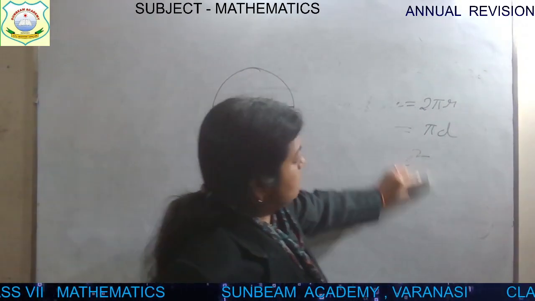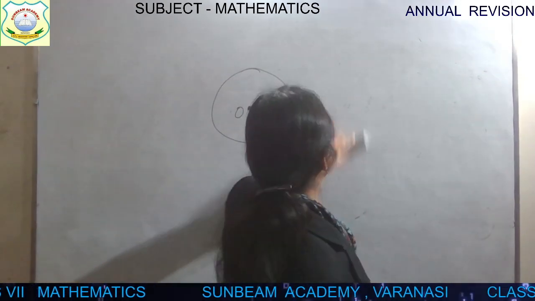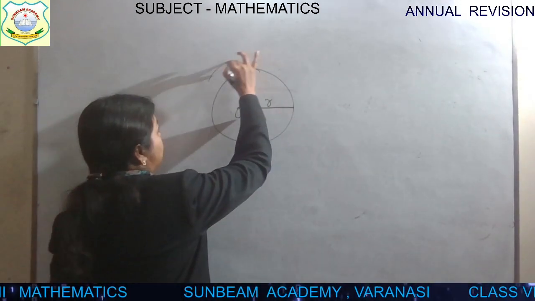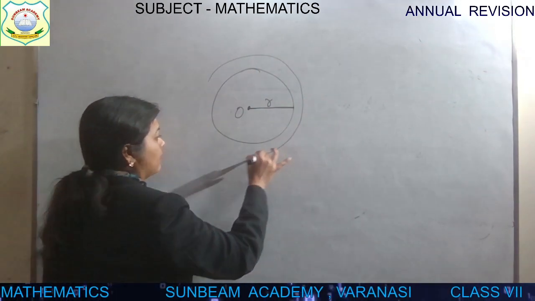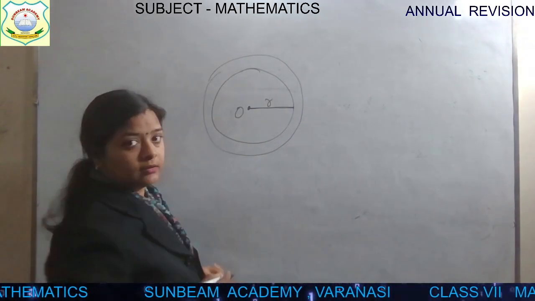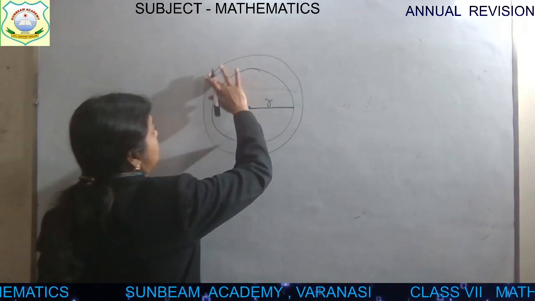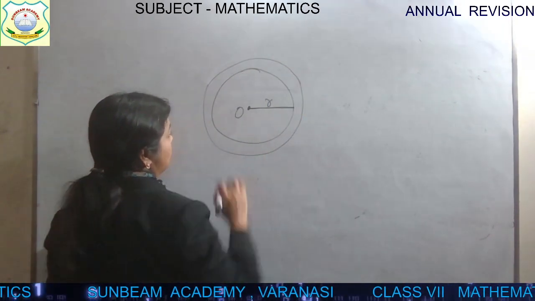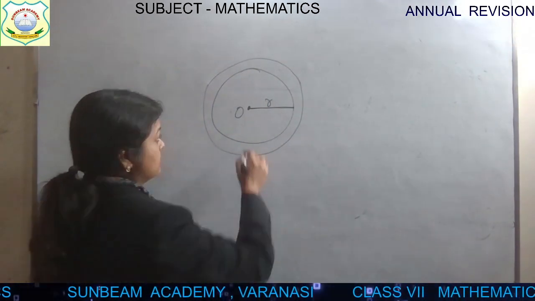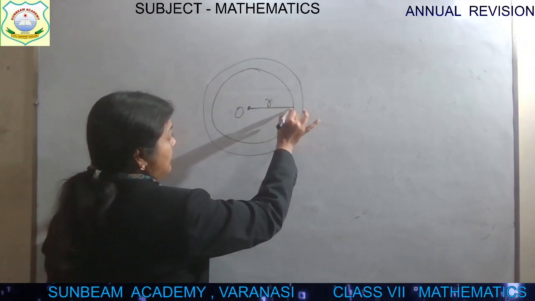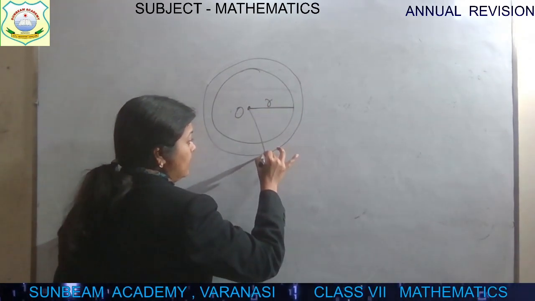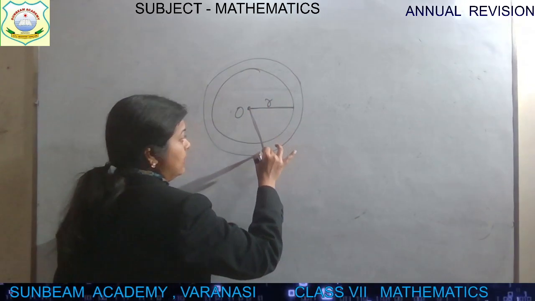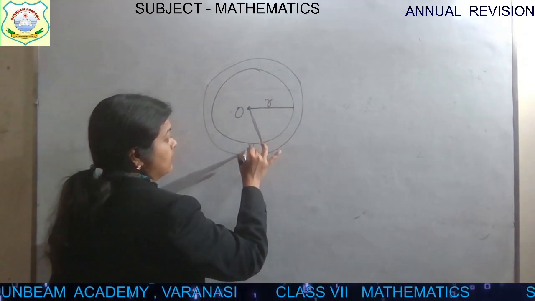Sometimes the question may ask for this width, like a ring. If it is a ring and it is throughout, the width of the ring or the circular track is same. So we need inner circle radius, and we need outer circle radius. पूरा, ठीक है?